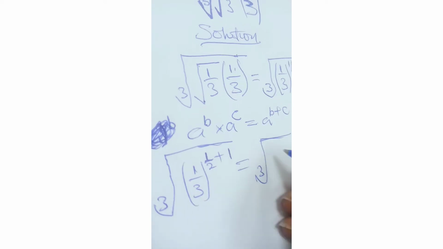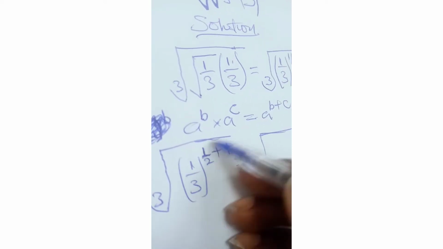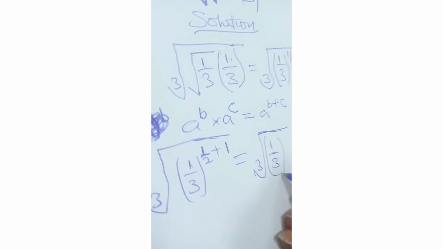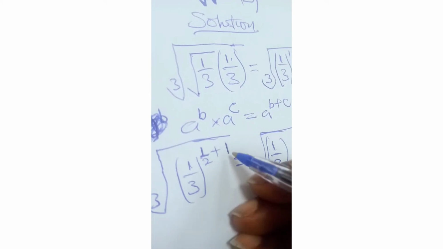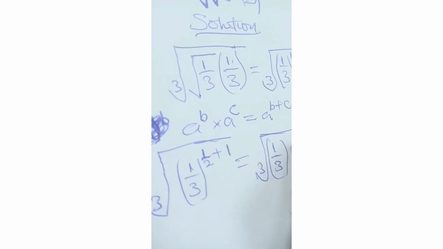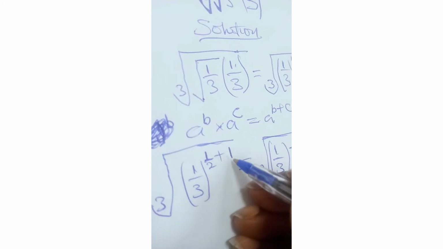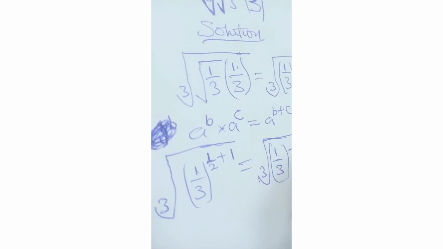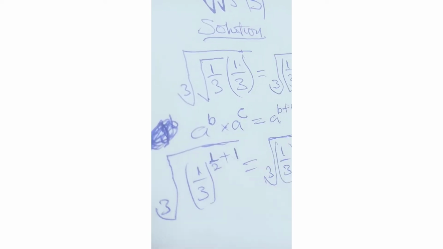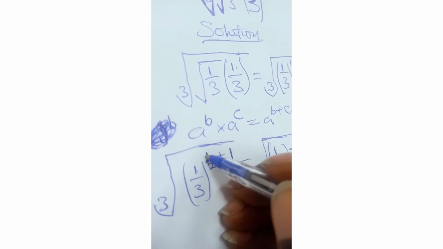Now, the next thing we are going to do is to say cube root of this. Let's sort out this. We are going to have 1/3. Then let's put over 1 to the down of this. It means we are going to have 2 times 1, that is 2. Then we have 2 divided by 2. We have 1 times 1 here.